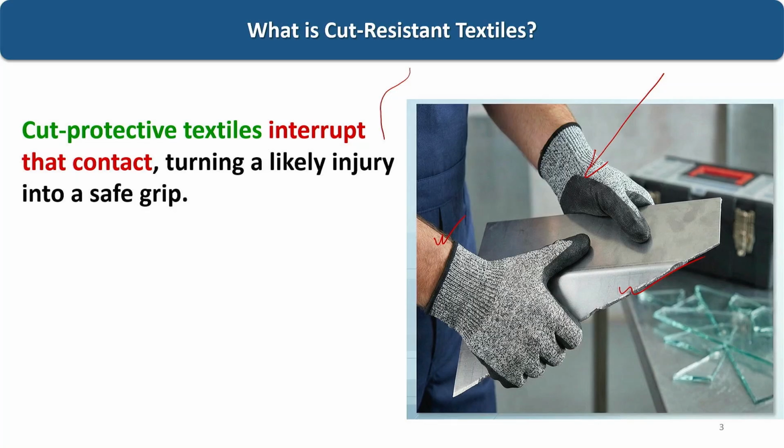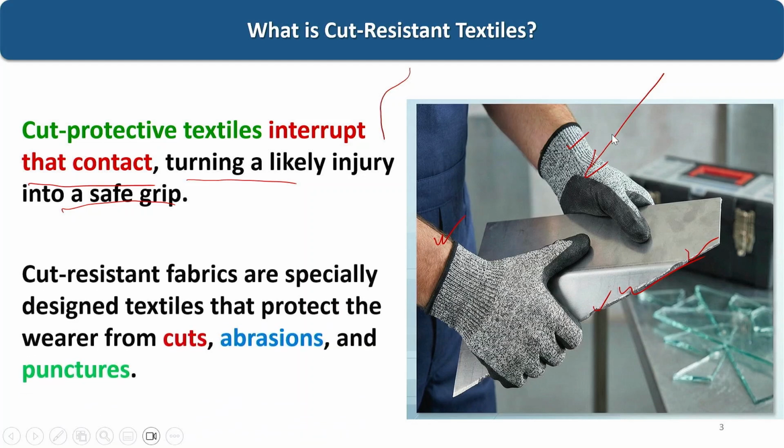So, it interrupts the contact, and where there is a chance of injury, it turns the likely injury into a sharp grip. When we place the cut protective textile material between the body and the sharp object, we get safety.